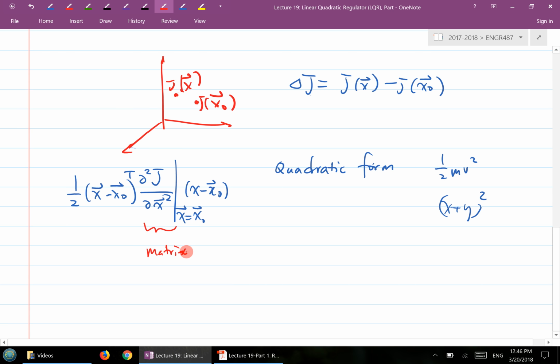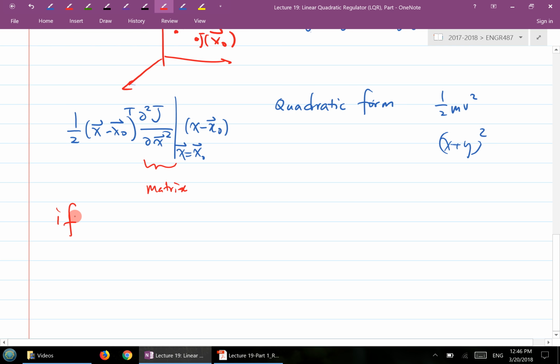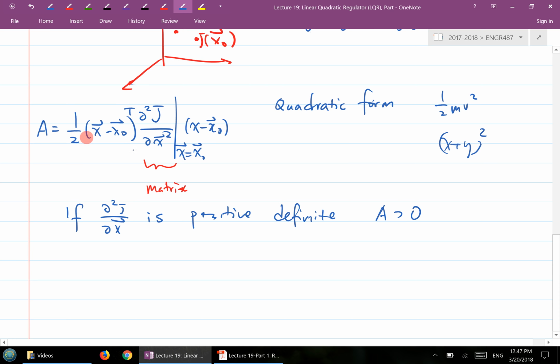Essentially, if this G matrix is positive definite, let A equal this one here, then A will be greater than 0.